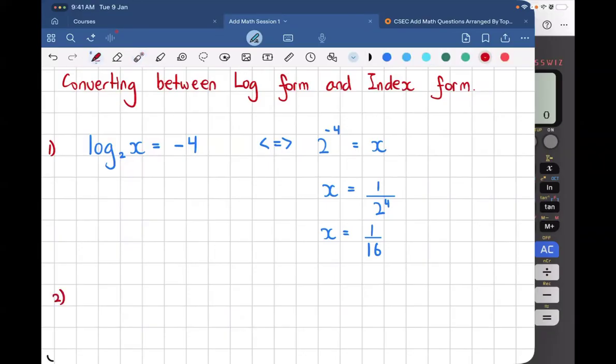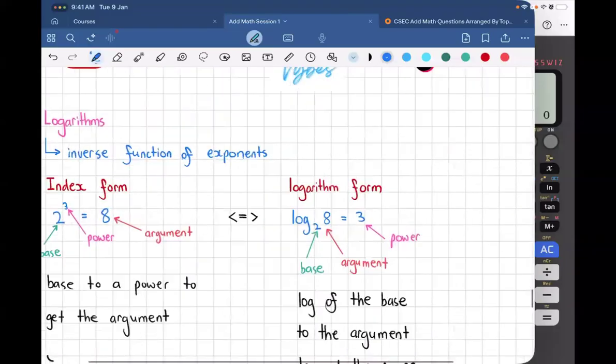So let me give you guys one question to do, and that'll be it for today. Log base x plus 1 of 49 is equal to 2. My advice would be to convert this to index form and then go ahead and solve. If you need to look back at your notes, sure.